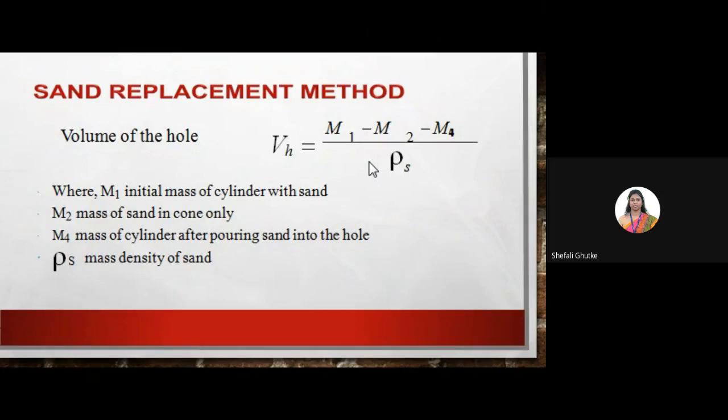After that, M2 is the mass of sand in the cone only, and M4 is the mass of the cylinder after pouring the sand into the hole. We will pour the sand into the hole and measure the mass of the calibrated cylinder after the pouring as M4. So likewise, we can find the volume of the hole.